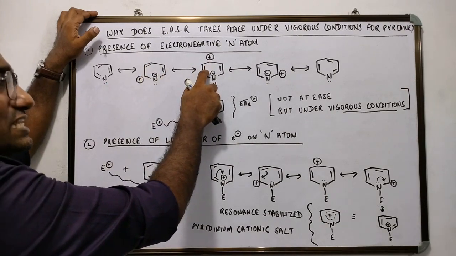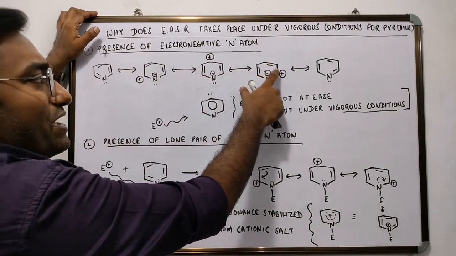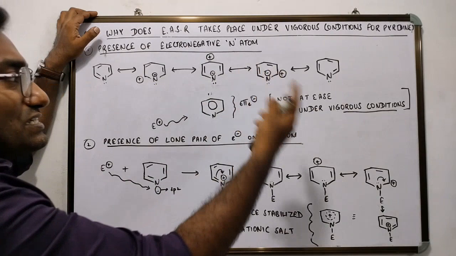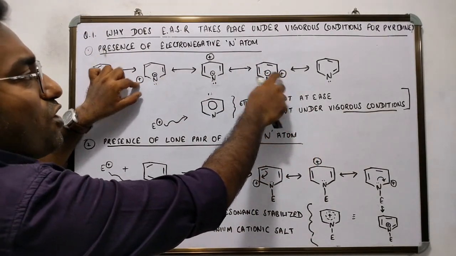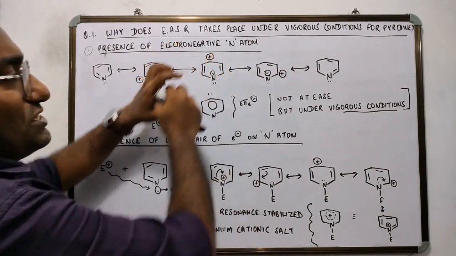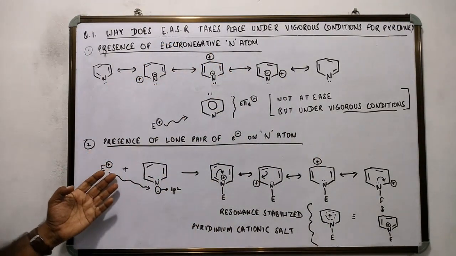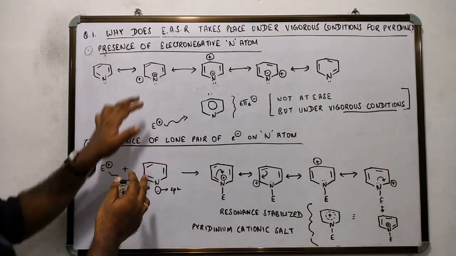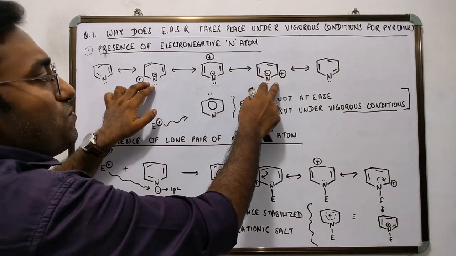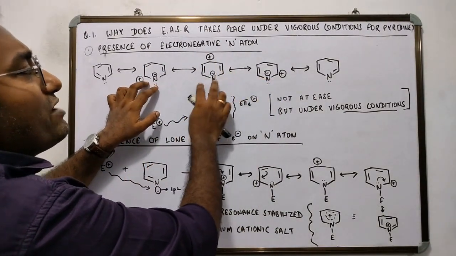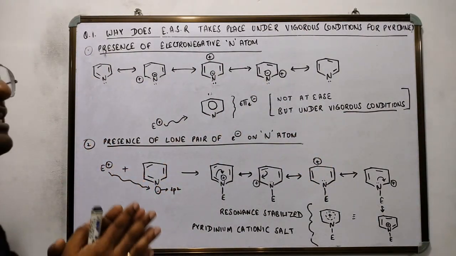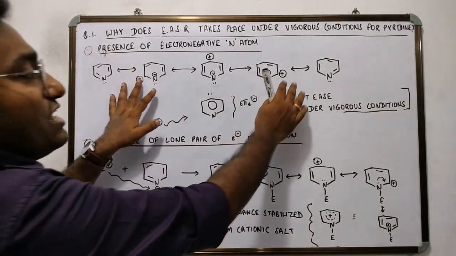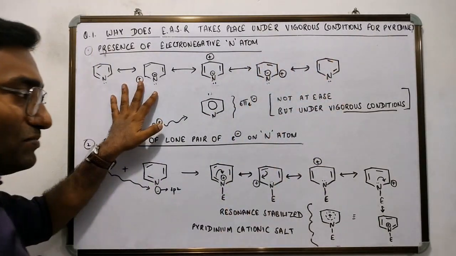What follows next is a cascade of electron pair transfer, which results in a positive charge at the ortho and the para positions. In other words, the nitrogen atom pulls an electron pair from the pyridine ring, thus resulting in a great electron deficiency in the pyridine ring.